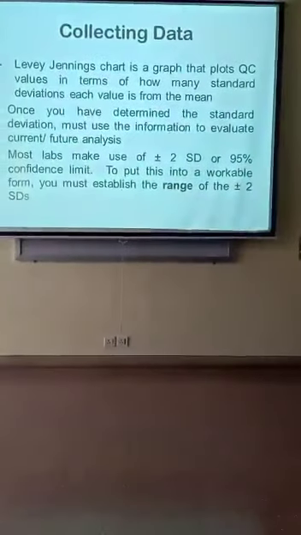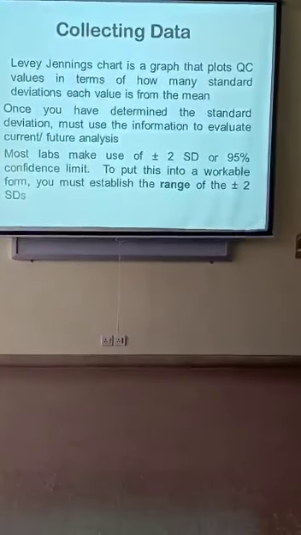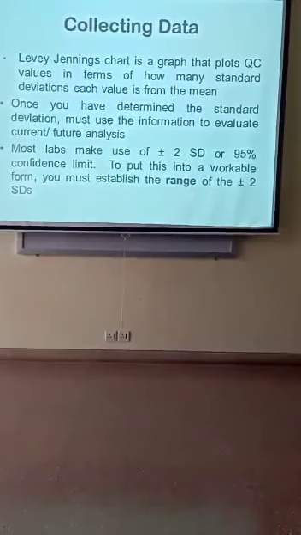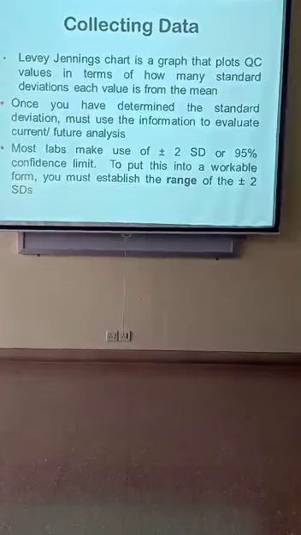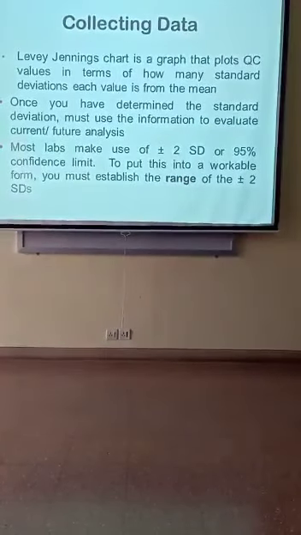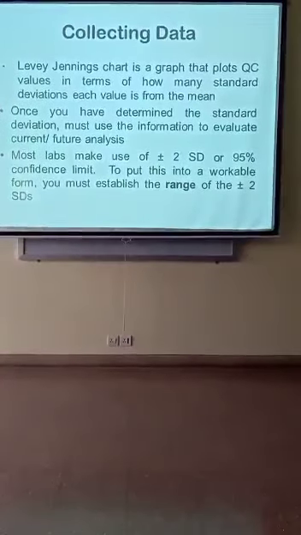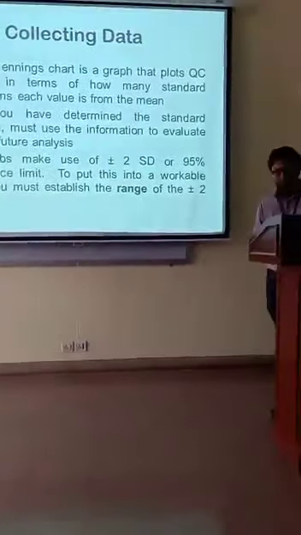Once you have determined the SD, you must use the information to evaluate current or future analysis. Most labs make use of plus or minus 2 SD and 95% confidence limit. To put this into a workable form, you must establish the range of plus or minus 2 SDs.